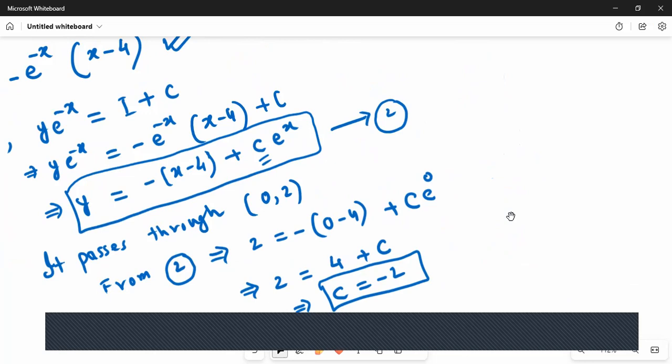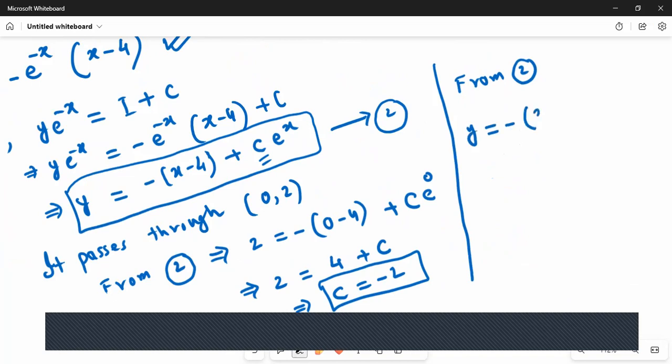So I will write here. From 2, you will finally find y equal to minus x minus 4 plus c e power x, you can open this bracket if you want, no problem.